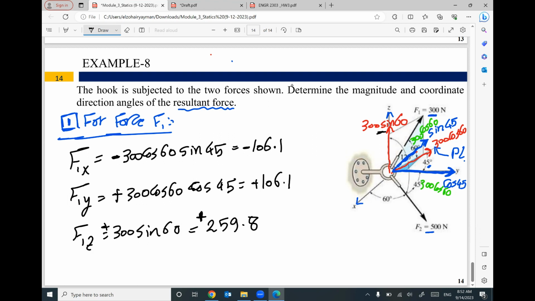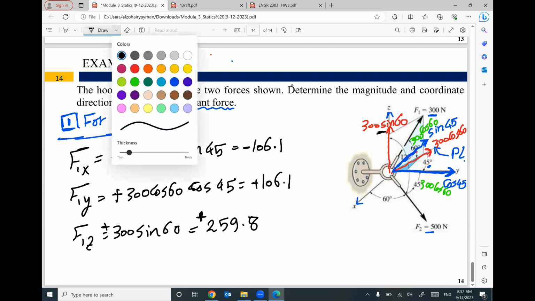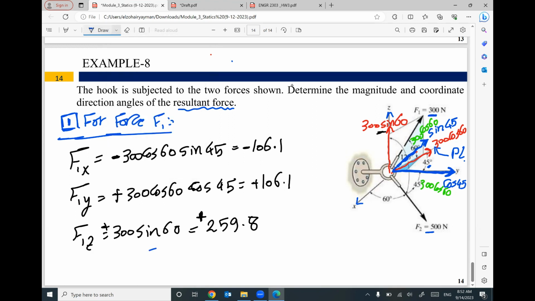Or you can write your F1 as a vector like this: negative 106.1 i, positive 106.1 j, positive 259.8 k.